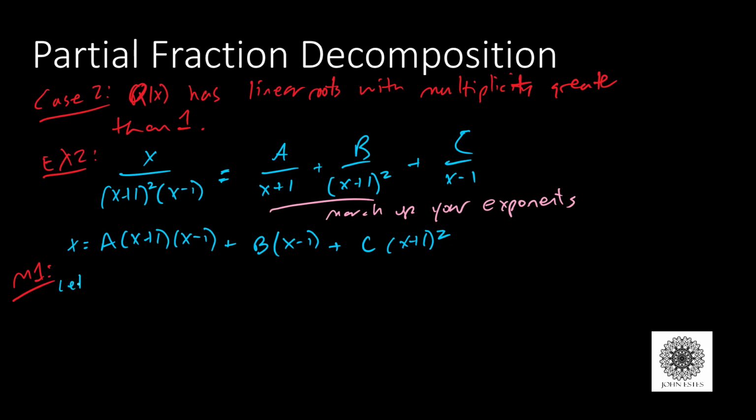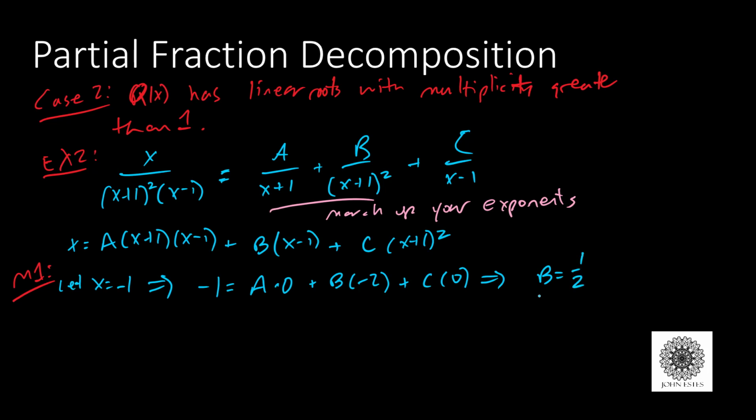So let's let x equal negative 1 at first. Then I'm going to have negative 1 on the left-hand side of my equation. I'm going to have a times 0 plus b times negative 2 plus c times 0. And so lo and behold, I end up with b equaling 1/2.